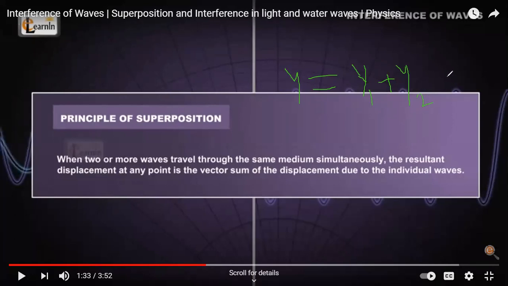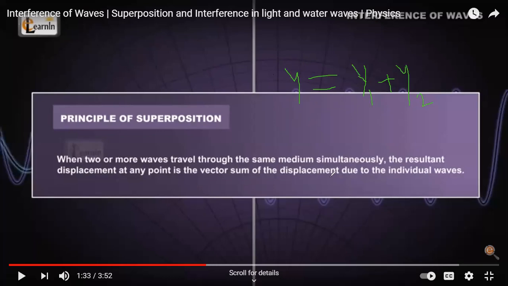At time t1 seconds, the first wave displacement is y1 and the second wave displacement is y2. Then the resultant wave displacement is given by y = y1 + y2. This is what the statement says.